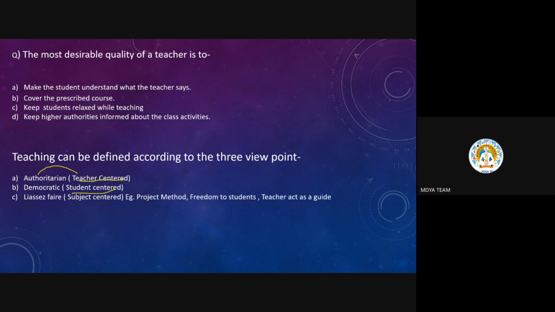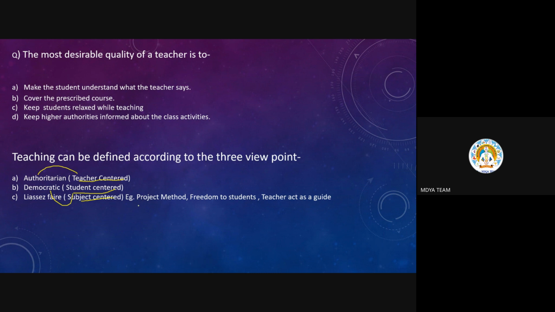Here the students are involved actively, while in teacher-centered or authoritarian, the learner is a passive learner. And the laissez-faire. Laissez-faire is subject-centered. They are not teacher-centered, not learner-centered. We can say that it is a mixed strategy also.